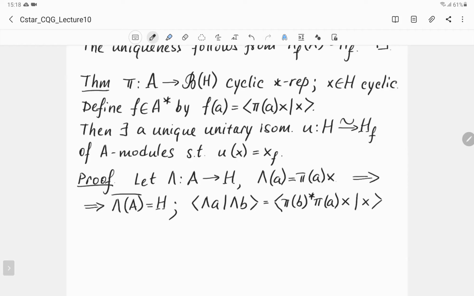But pi is a star representation, and so this implies that this is nothing but our functional f applied to b star a. Okay, and finally, if we act by the operator pi of a on the vector lambda of b, again by construction, what we get is pi of a pi of b x, so that is lambda of ab.